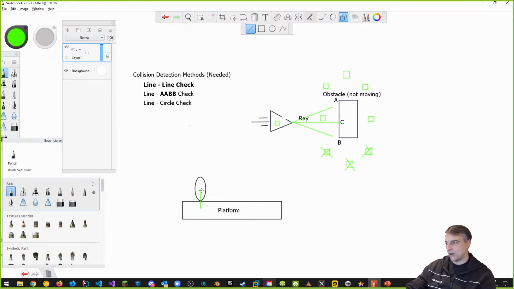I can also use a second ray that looks in front of me. As I move around the platform, if I get to the edge of the platform, I can detect if there's ground ahead. If there's not, turn around and go the other way. And of course, the rays would flip. This ray would flip this way, right?